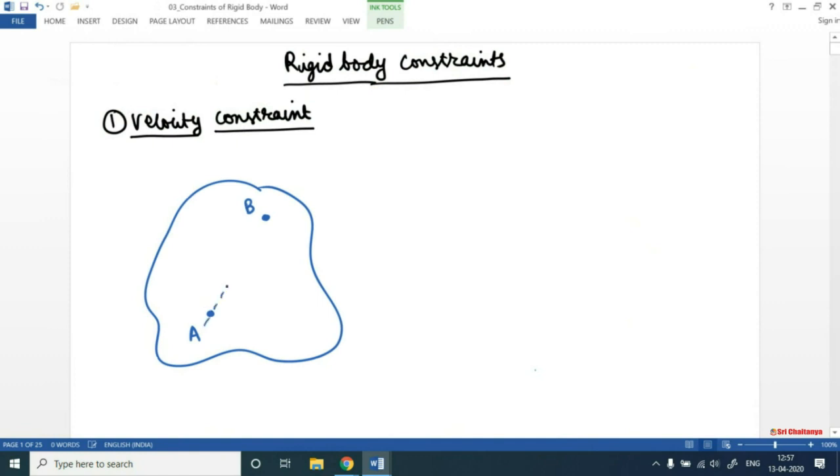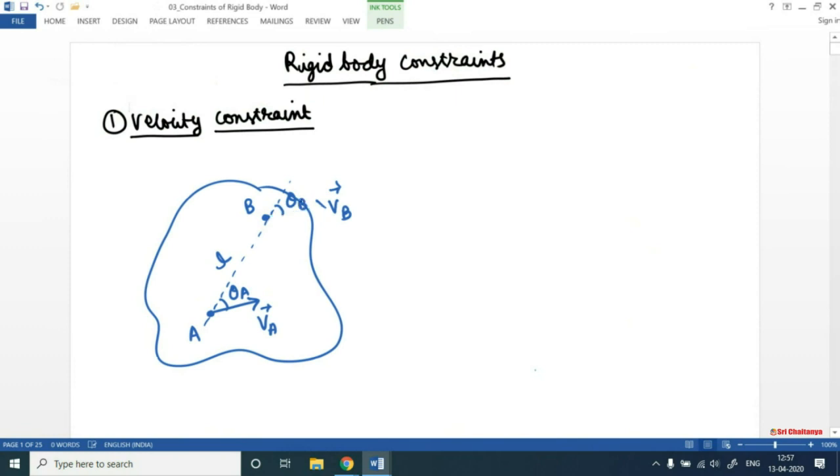Let's say this is the line joining AB, and the distance between points A and B is L. Point A is moving with some velocity VA that makes an angle theta A with the line of separation. And let's say there is another point moving with velocity VB, making an angle theta B with the line of separation over here.